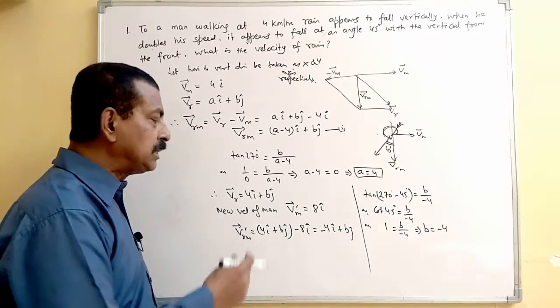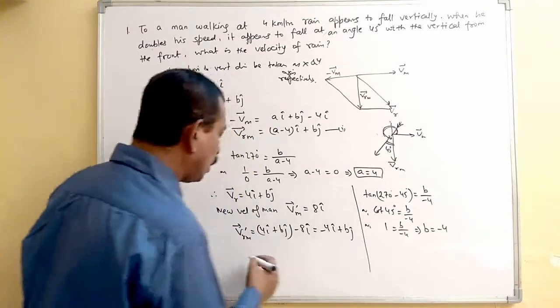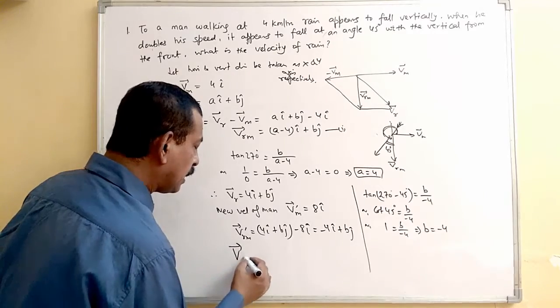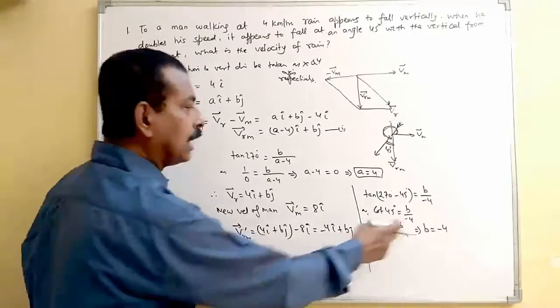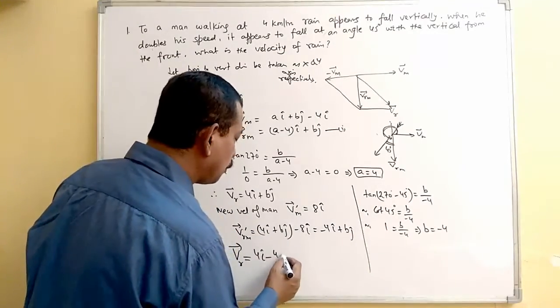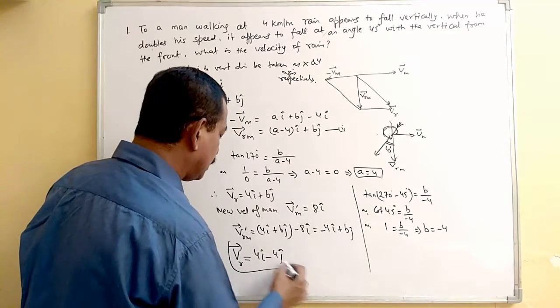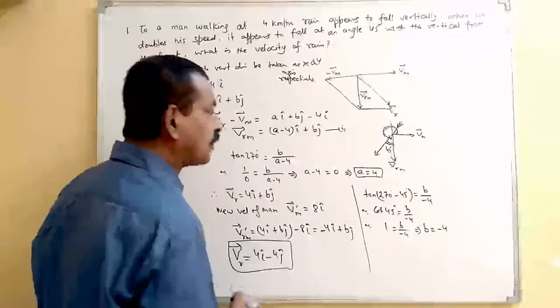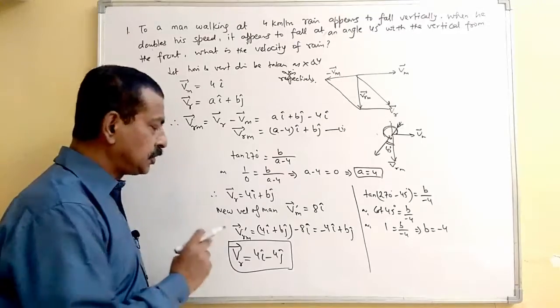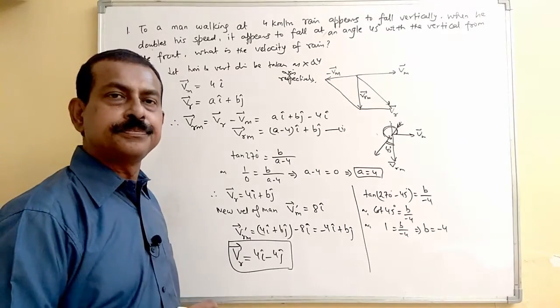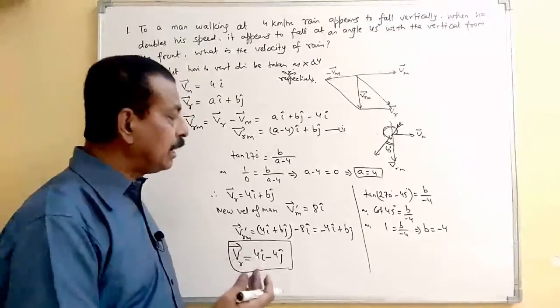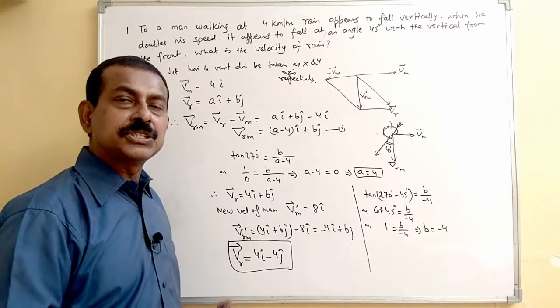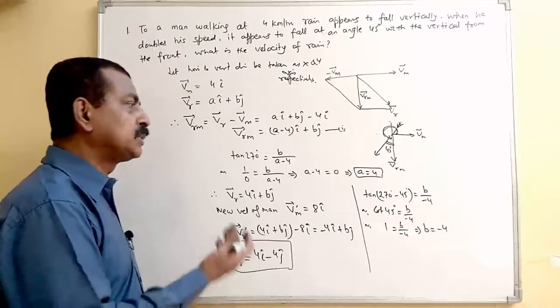So that means now we have got the velocity of rain, and this was minus 4j. So this is the velocity of rain. Now, if you have to tell what is its magnitude, what is its direction, we can easily find it.